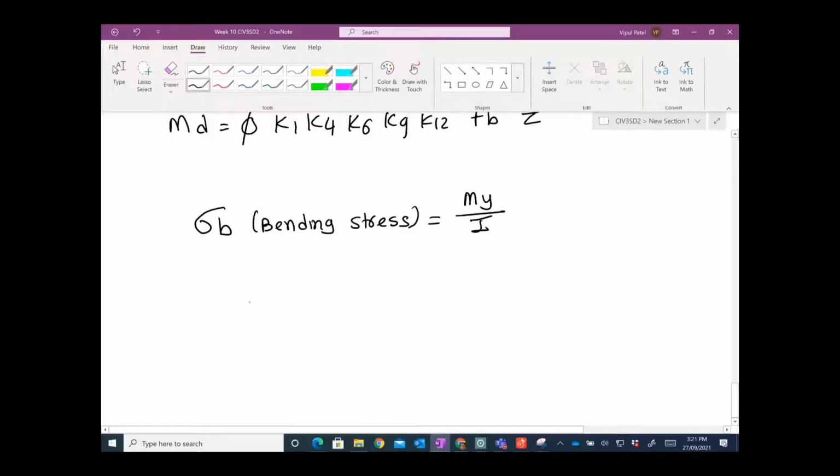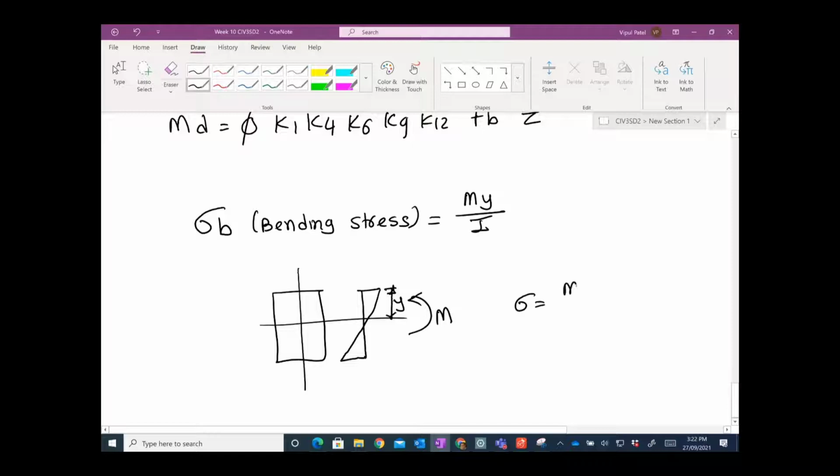What does it mean? If you have a beam and you bend it, then you have a bending stress like this. You bend it with the moment M, distance is y, where you want to find the bending stress. I is the moment of inertia, y is the distance from the neutral axis where you want to calculate it.